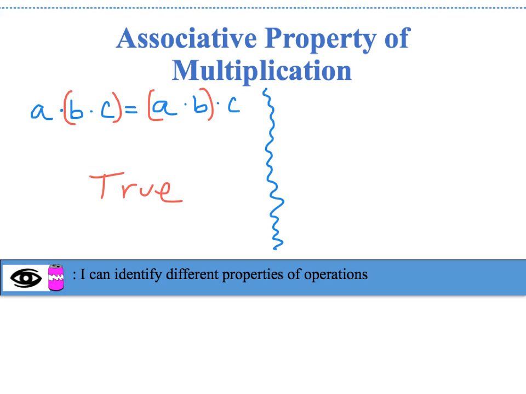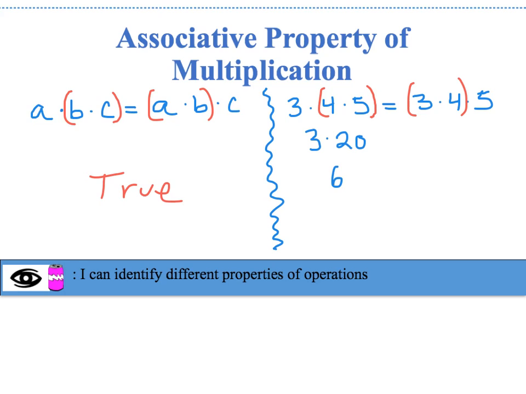Let's go ahead and prove that this is true using numbers. Let's say 3 times 4 times 5 is going to be equal to 3 times 4 times 5. Let's say 4 and 5 on the left-hand side of the equal sign are besties, and on the right-hand side of the equal sign, the 3 and the 4 are going to be besties. So let's solve it. In the parentheses, I've got 4 times 5, which is 20, and I'm going to drop down the 3. 3 times 20 gets me 60.